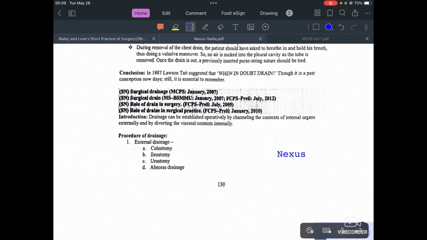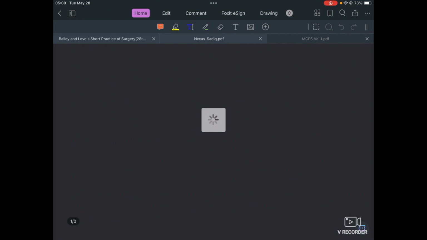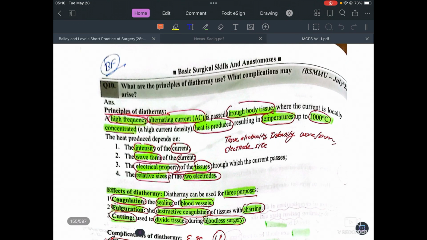So, surgical drain: the procedure for the drain. Again, we go to Nexus on the same area where there is drain.